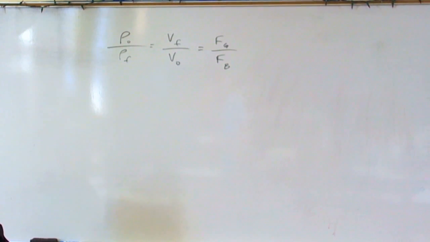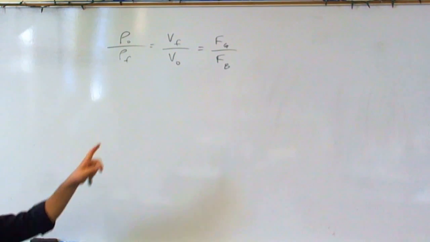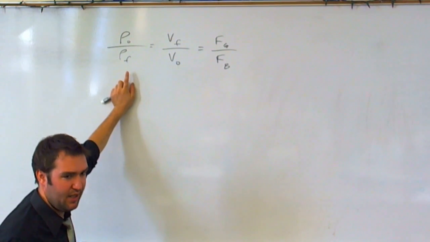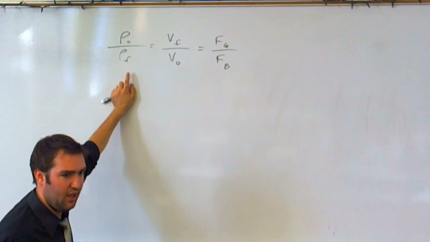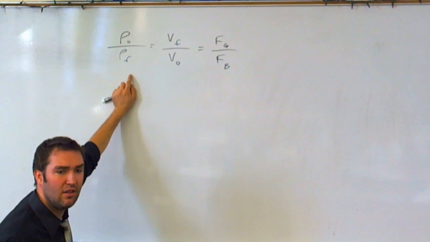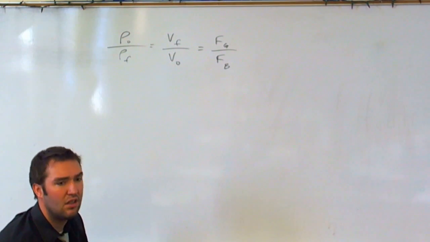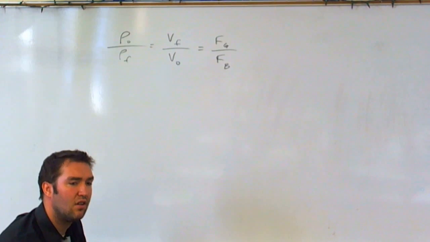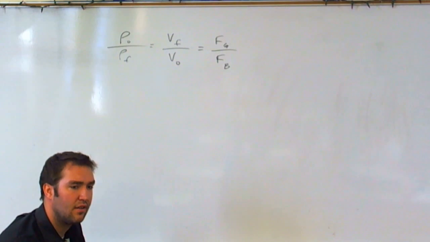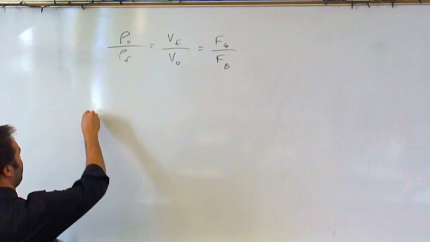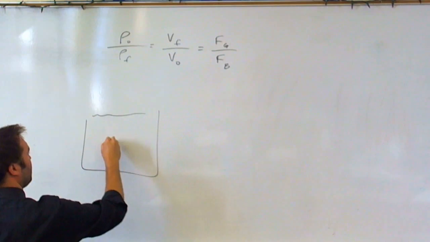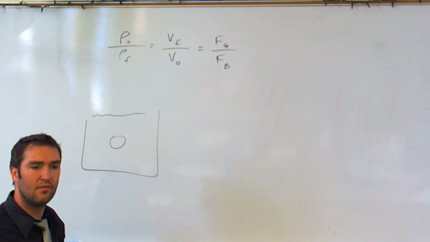See, that's where I don't understand, Sue. If this is 1, that means that this has to be 1. If the thing is in the water and stays in the water somehow, they are the same density.